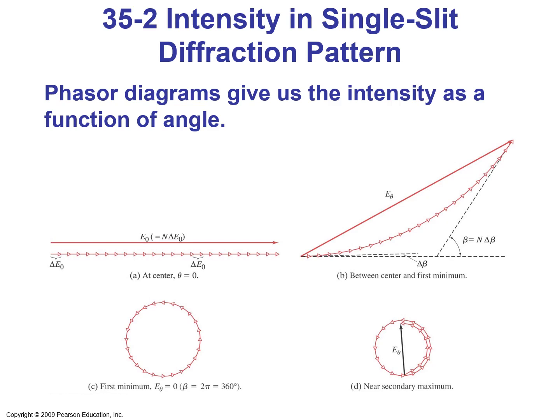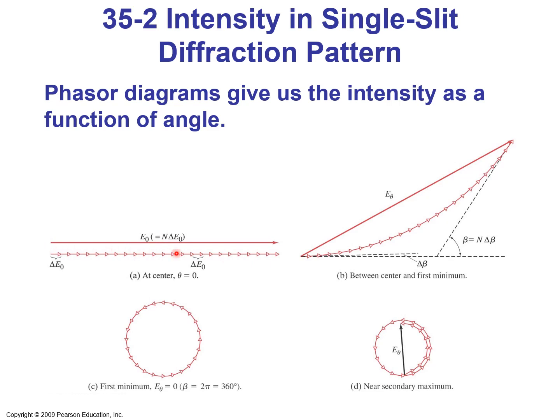So here, if we have n strips, for the case when we're looking at the center, there's no angle. All the vector components of the phasors for n strips will be lined up, and they will add in superposition.